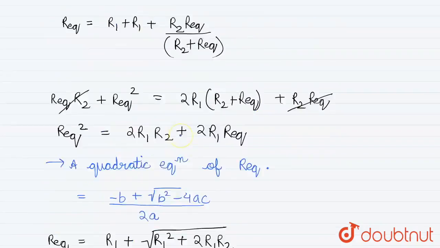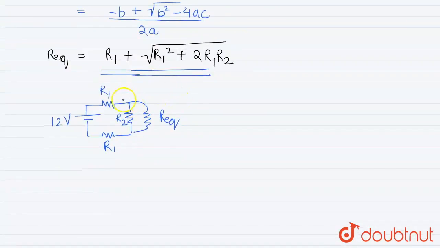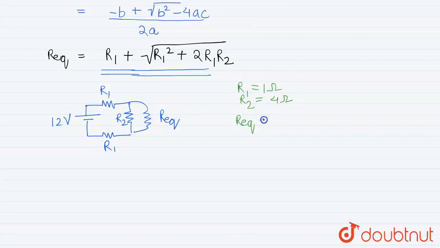Now we have been told that R1 is 1 ohm and R2 is 4 ohms, and R equivalent, by using this relation, we get 4 ohms.